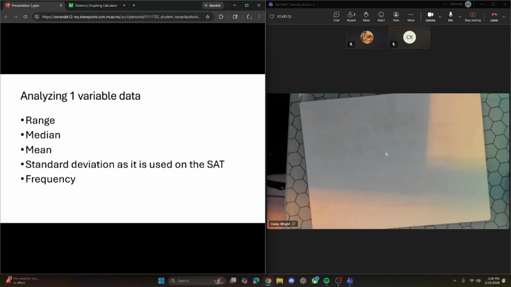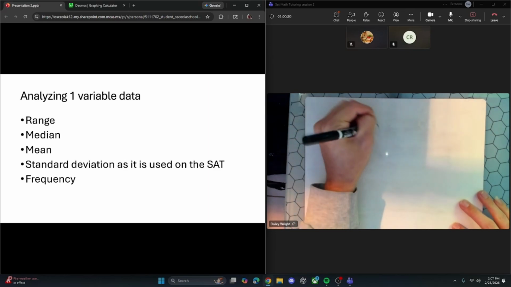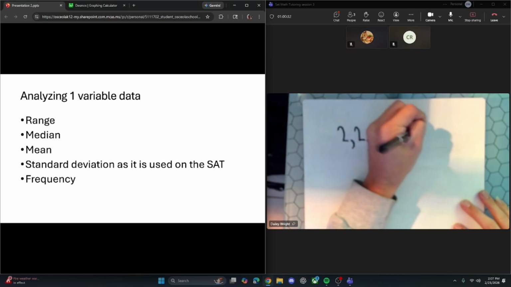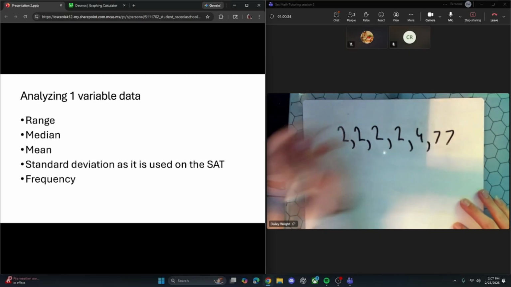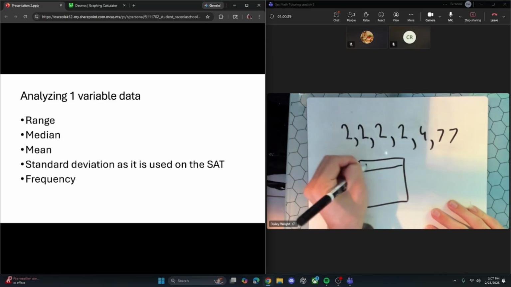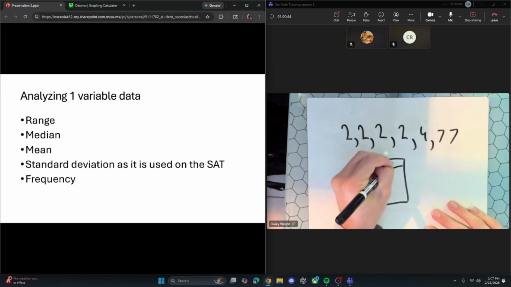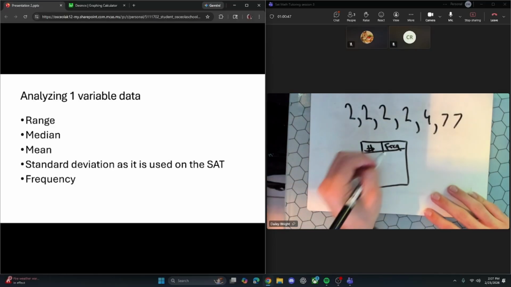And then frequency. A lot of tables the SAT puts in their questions, they talk about frequency. Frequency is basically the amount of times a number pops up in a data set. If I had a data set that was 2, 2, 2, 2, 4, 7, 7, my chart could look like this. This would be number, and I'm just going to do FREQ for frequency.